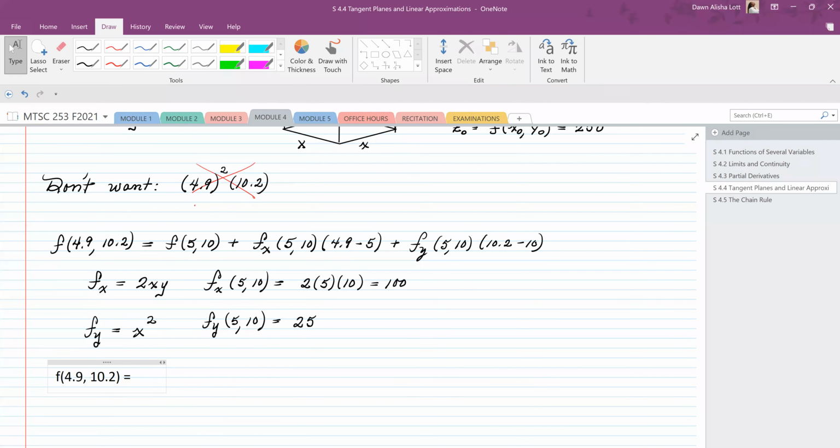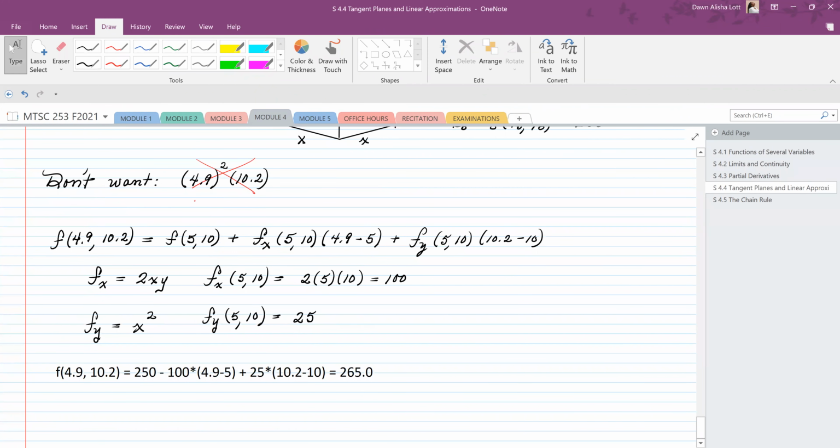We said that was 250 minus 100 times 4.9 minus 5 plus 25 times 10.2 minus 10. 265. So that's the estimate of what it would be.